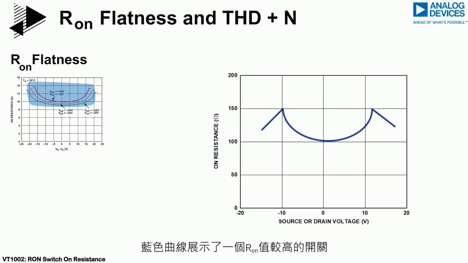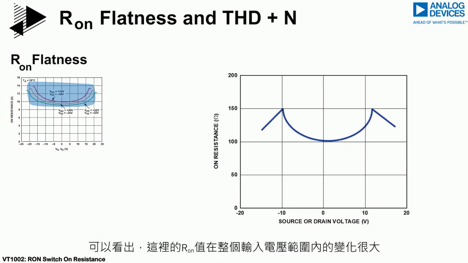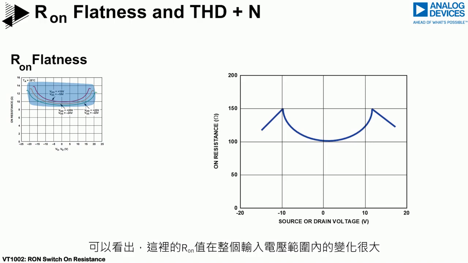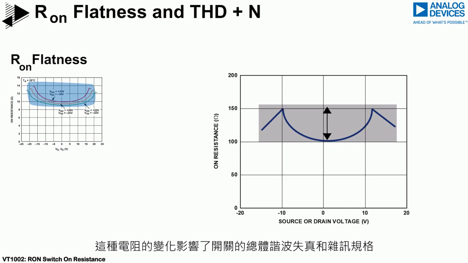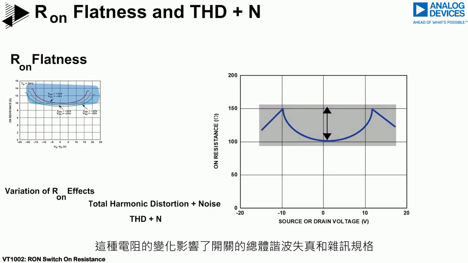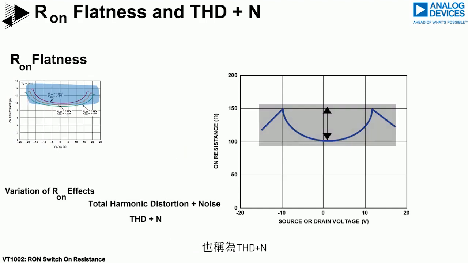In blue, we show a switch that has higher Ron. It can be seen that the Ron varies significantly over the input voltage range. This variation of resistance affects the total harmonic distortion and noise specifications of the switch, also known as THD+N.